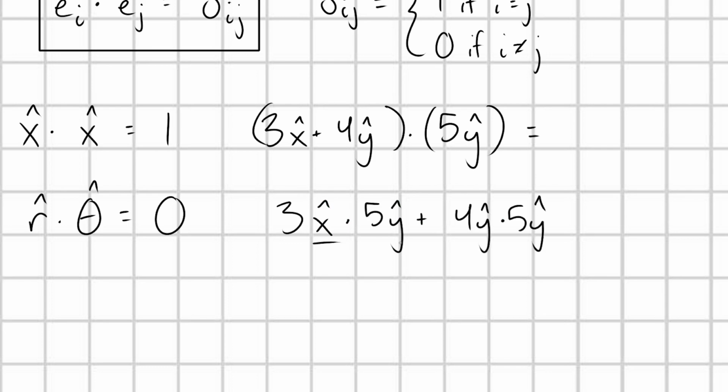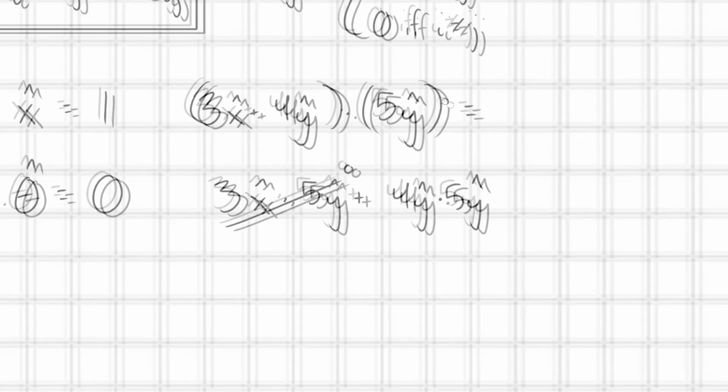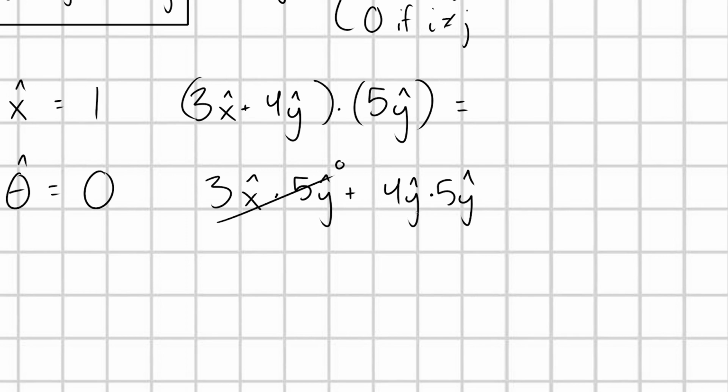But of course, this x hat dot y hat term is going to go to 0, right? The y hat dot y hat is going to go to 1, and 4 times 5, we're going to be left with 20. And again, notice that this 20 is a scalar value. Our dot product, our inner product for this space, took 2 vectors and output a scalar value. That's really important.